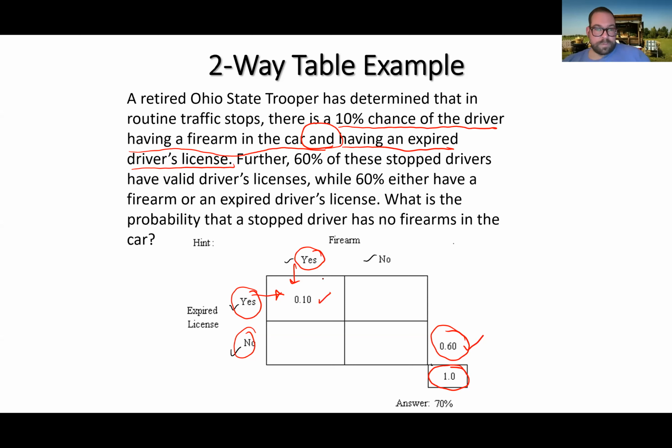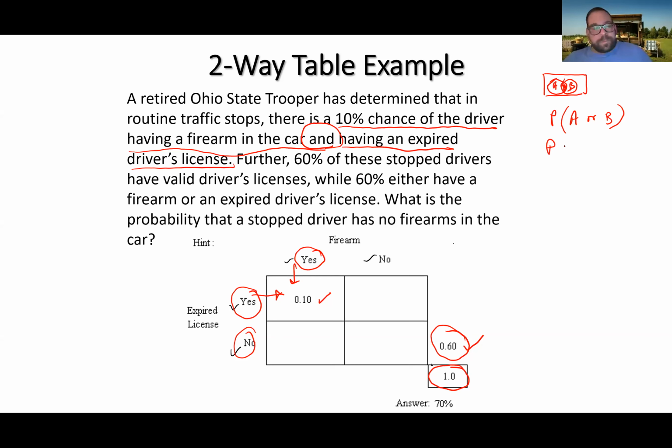It also tells you that 60% either have a firearm or an expired driver's license. So we'll look into what that means in the context of either-or. If you remember, probability of A or B applies when you have A, you have B, and there is some common ground between them.